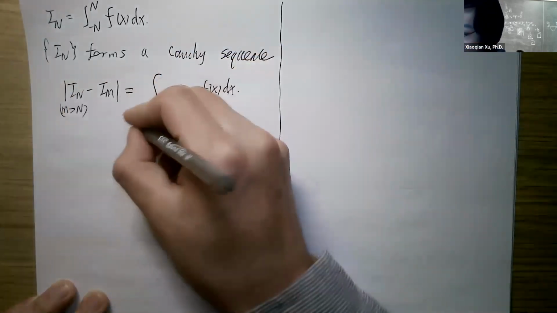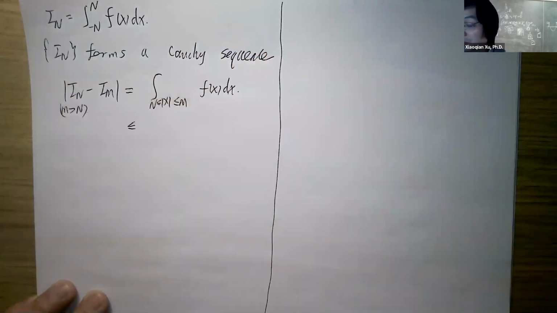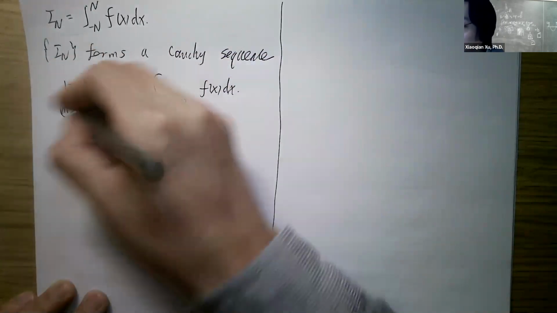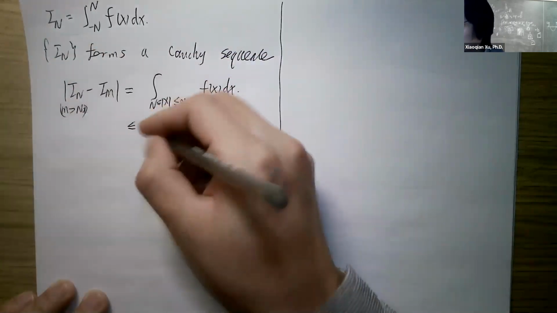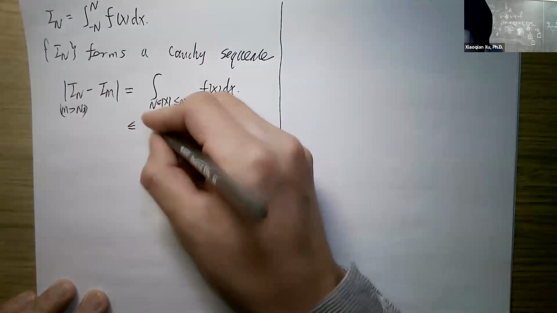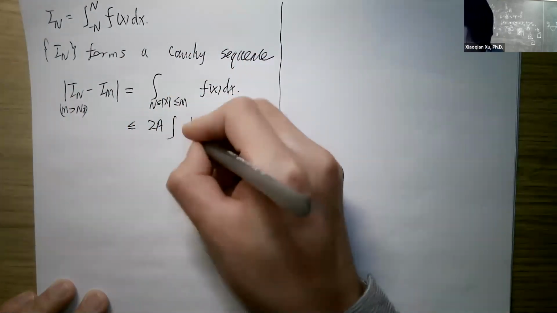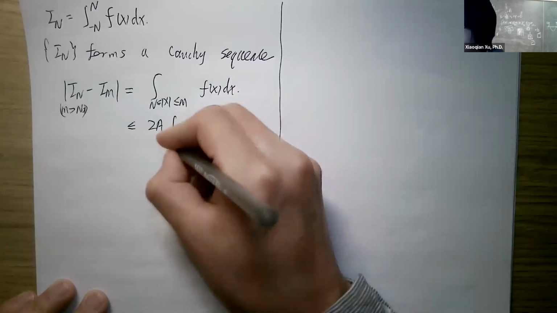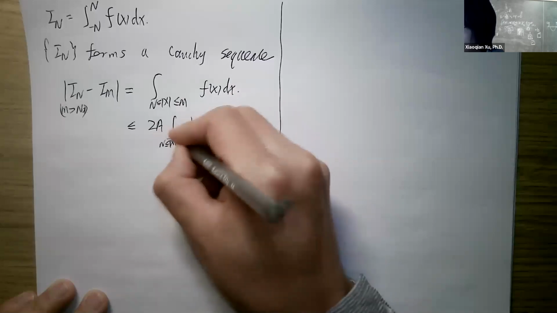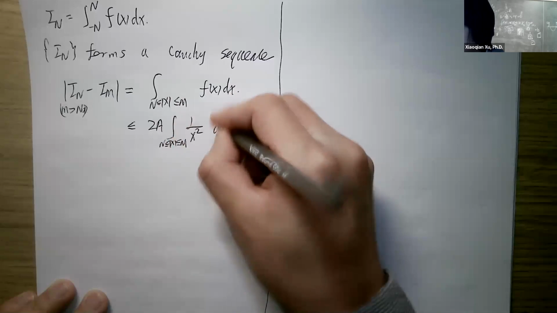Okay, and then it's less or equal than, either you can use arctangent or you can even use, when n is bigger than 1, we can say that it's less or equal than some constant, say 2A times the integral of 1 over x squared, over n less or equal x less or equal m, dx.